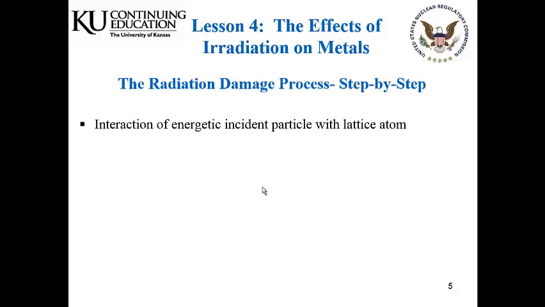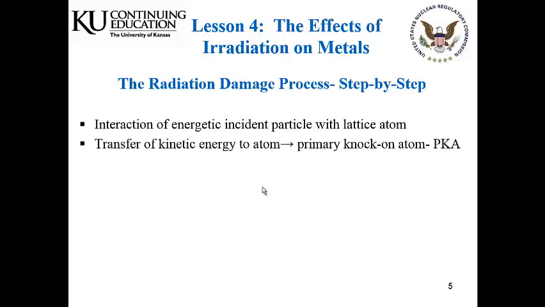We have an interaction of a very energetic incident particle, starting off with this high energy, high speed neutron, which is very small, and its interaction with the lattice, the crystalline lattice of the metal and the atoms that are in that lattice. And what happens is we transfer kinetic energy to the atom from the high-speed neutron.